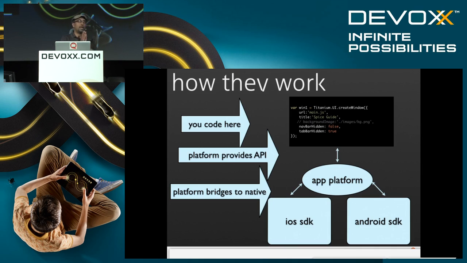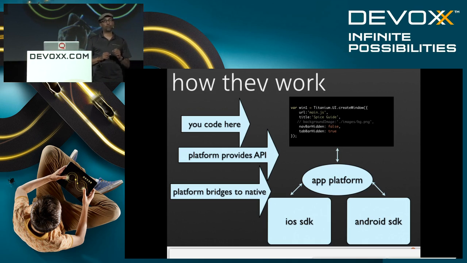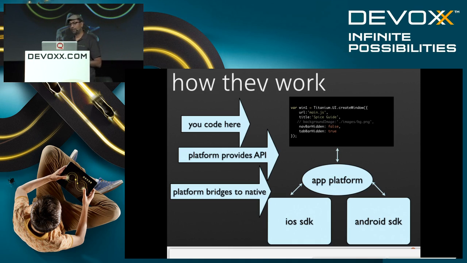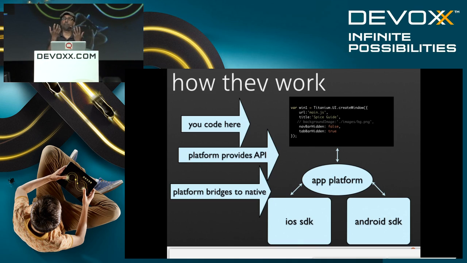The app platform in Titanium is a JavaScript runtime. If you're running on Android, that runtime is a V8 JavaScript engine, right? So very fast. And what the Titanium folks do is they write modules that plug into the bottom of that app platform, i.e. that JavaScript runtime that hooks into the native layer.